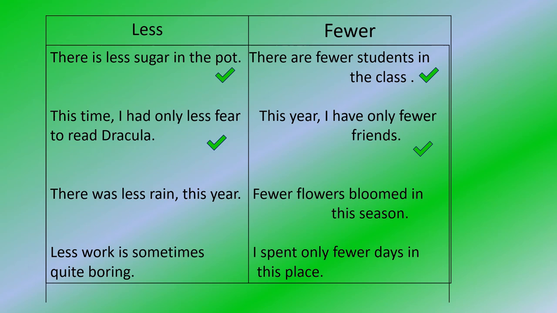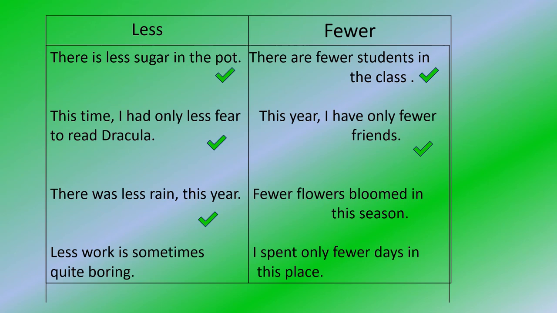This year I have only few friends means in the previous years I had more friends. A comparison between the number of friends that I have this year and the number of friends that I had in the previous years. Fewer helped us to get an idea of comparison in this sentence.